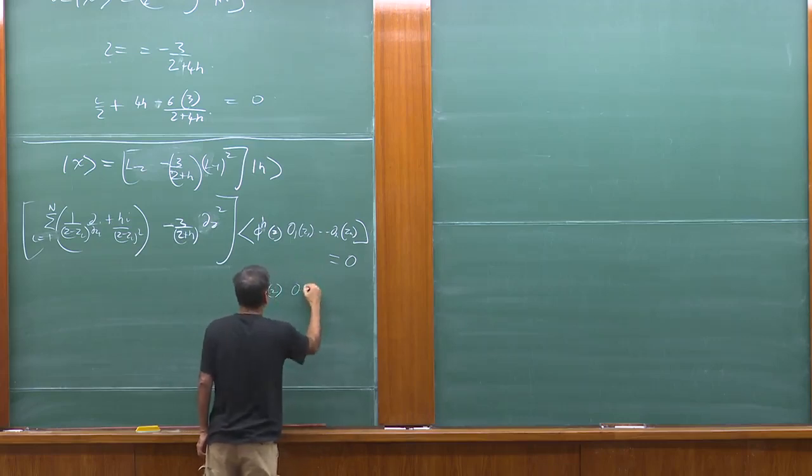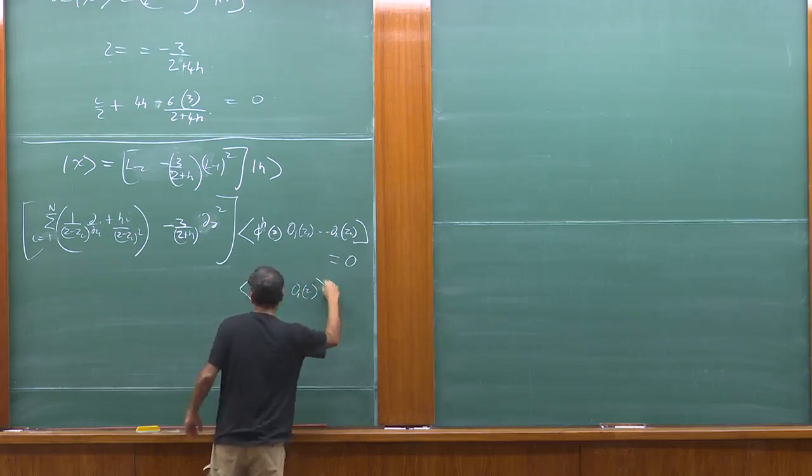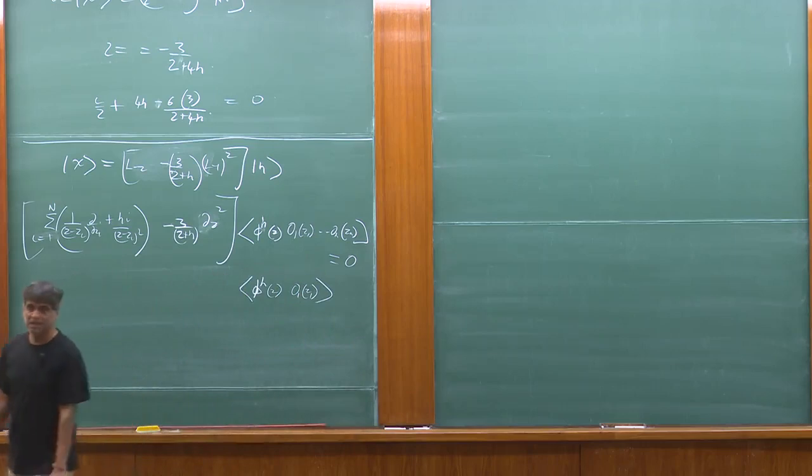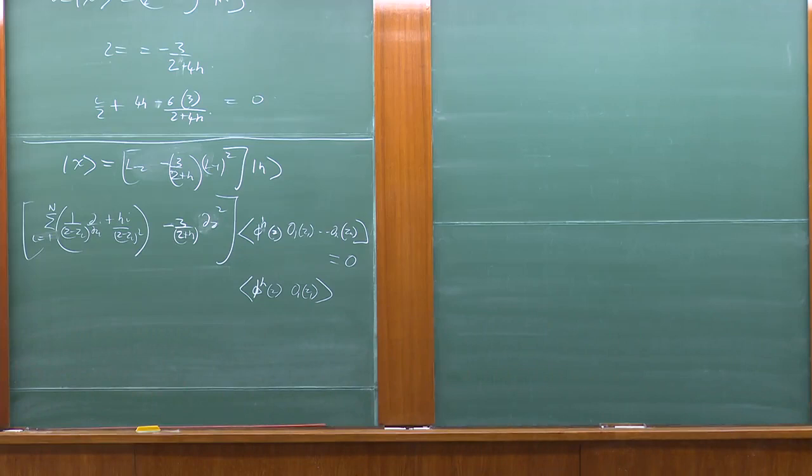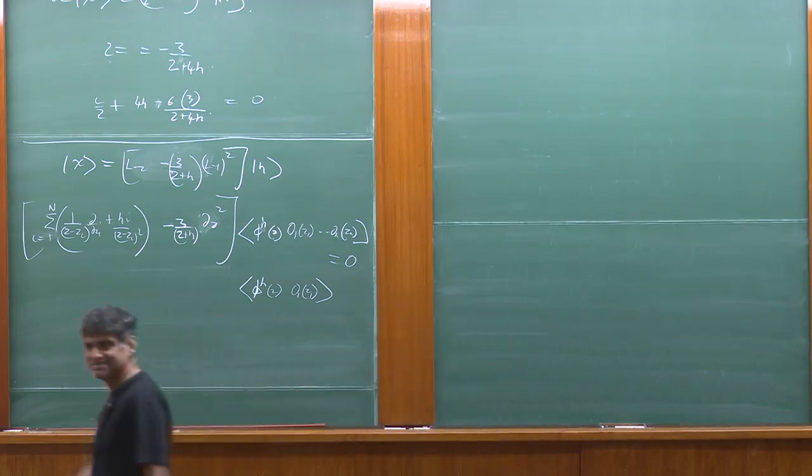Suppose I take a 2-point function of O1 at z1. We know already, because of what we derived two classes ago, that 2-point functions can only be non-zero if the dimensions of the two operators are the same, in which case they take the form 1 over z minus z1 to the power 2h.